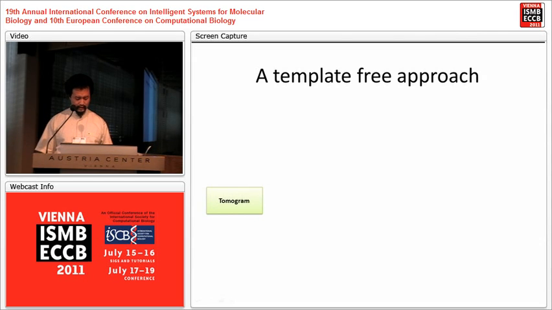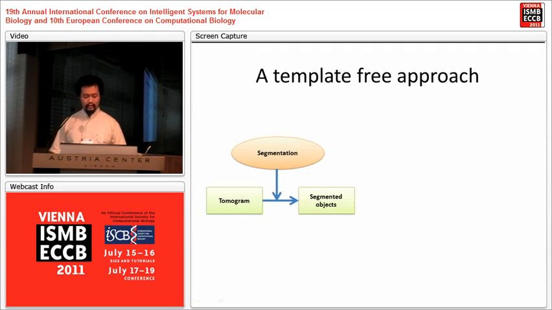method. It has several steps. First, given a tomogram, we perform image segmentation to obtain segmented objects that may correspond to the macromolecules in the tomogram.